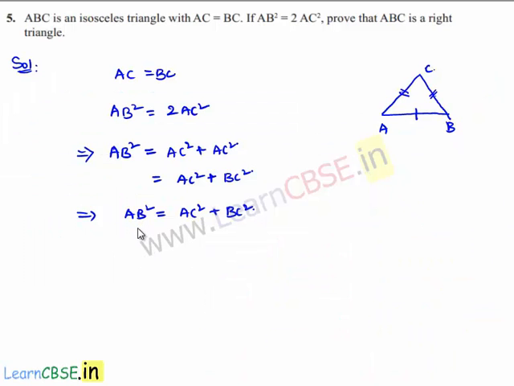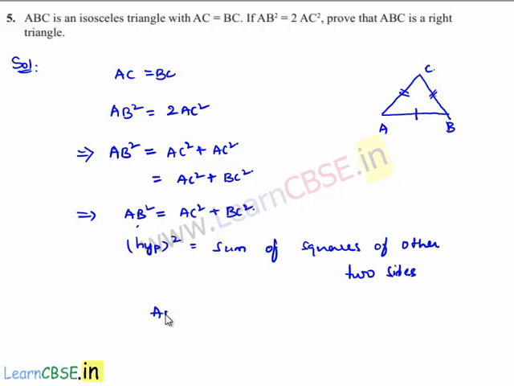This says that AB square, which is hypotenuse square, is equal to sum of squares of other two sides. So we can say that given ABC is right angle triangle.